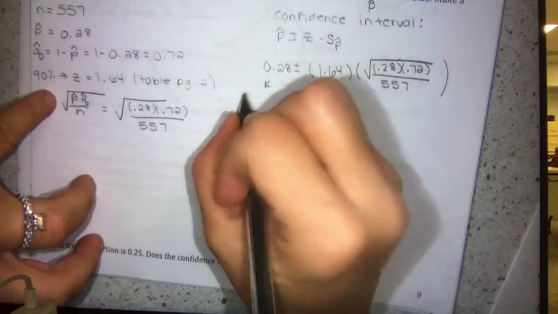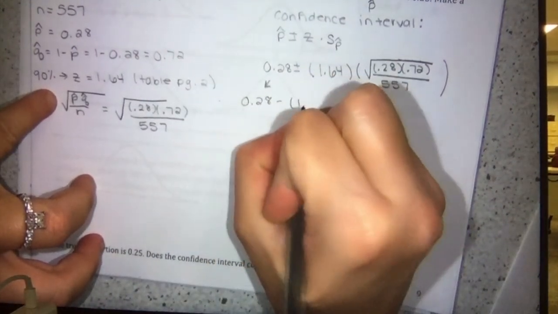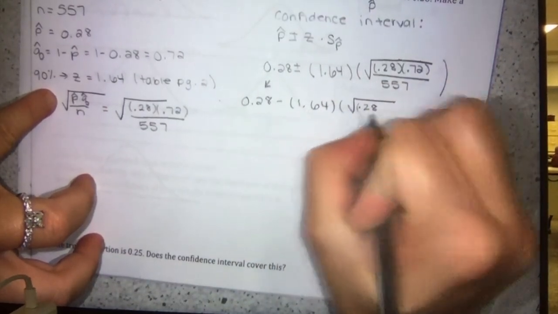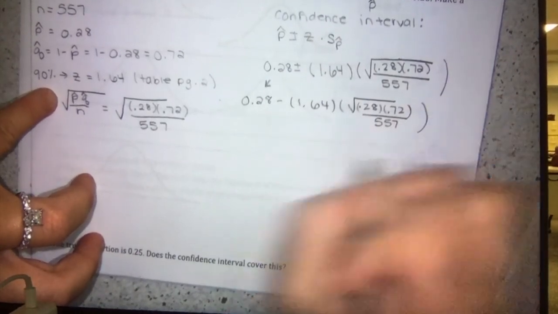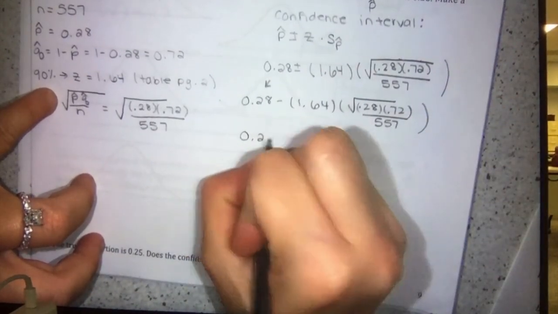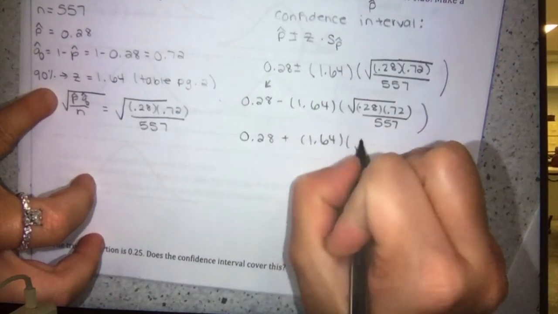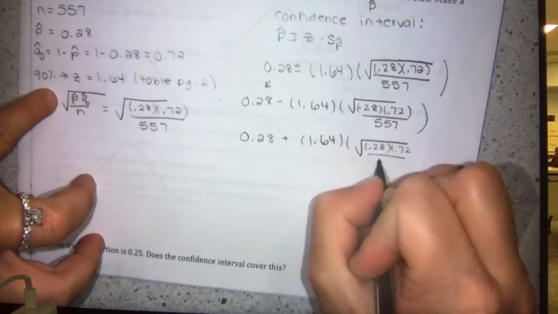So the lower limit, the lower bound, is 0.28 minus that stuff. And then our upper limit is going to be the same thing, but plus. Again, I'm just writing it for our notes. You probably wouldn't write this whole thing out if you don't want to, but I just want to make sure that you realize how we're getting everything.